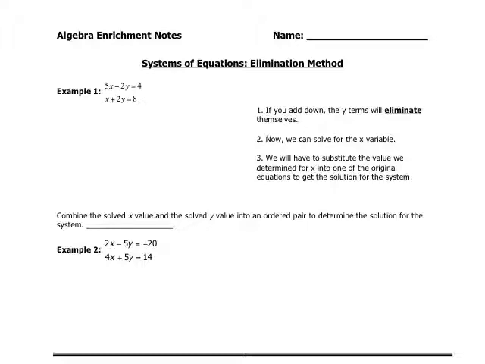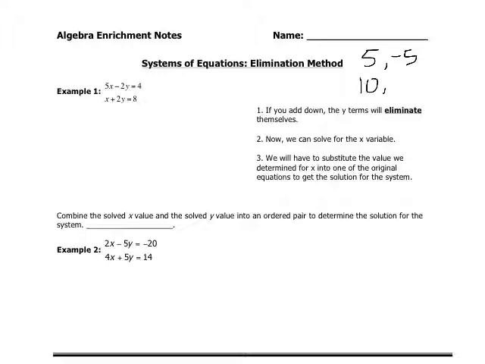In order to begin this process, we need to think about numbers that are opposites of each other that will eliminate each other. So if I added 5 and negative 5 together, they would eliminate and make 0. If I added 10 and negative 10 together, they would eliminate and make 0.